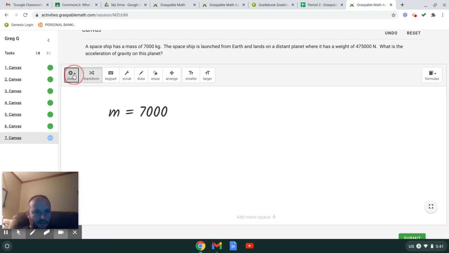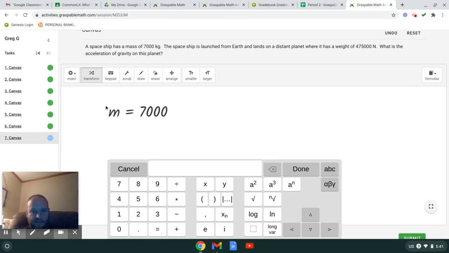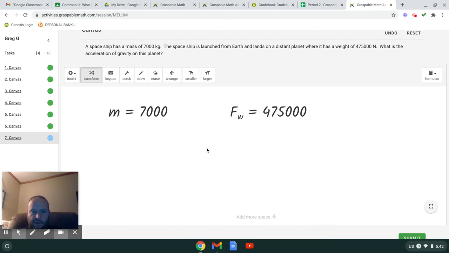So now I can put in my weight, which is FW. And again, you have to hit this little arrow to bring it up so you can equals. Now it's 475,000. Always double check your zeros and make sure you got the same number of zeros as what's in the problem. And then it's the same formula.